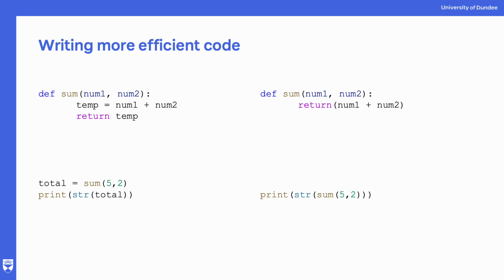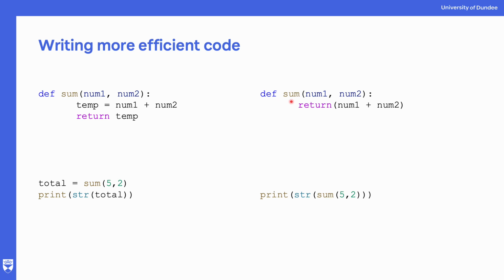So this function on the left is what we saw in the previous slide, and you can see that I've used a temp variable, a temporary variable, to store my calculation and then return it. What I want to do is iterate a slightly simpler way of doing that, where I can ask it to return, and then inside brackets I can put a calculation, I can concatenate strings together, I can do whatever I want inside these brackets, and the outcome of that is what will be returned.